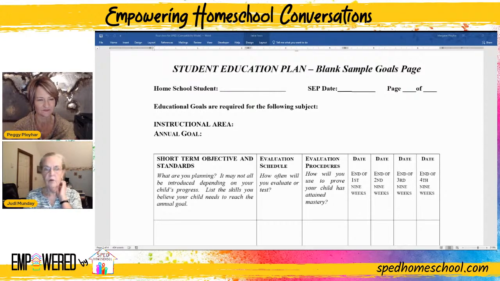I used to do this in my workshops. I would ask parents, I want you to take something that you're used to doing, whether it's make a peanut butter sandwich or whether it's a long division problem, and I want you to list every single step it takes to do that. Think about it. How many skills do you need to have to do a single long division problem with 1 divisor and 2 digits under the division sign?